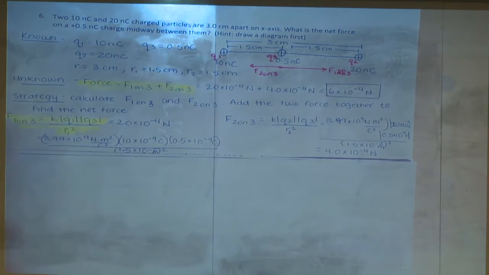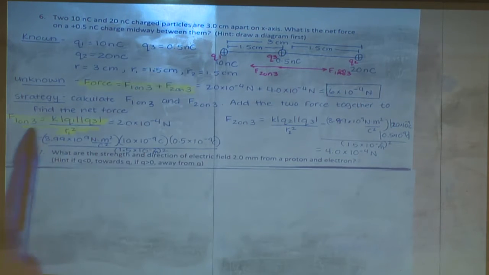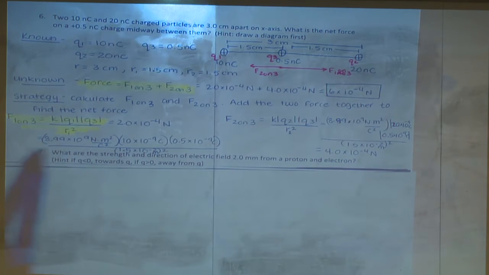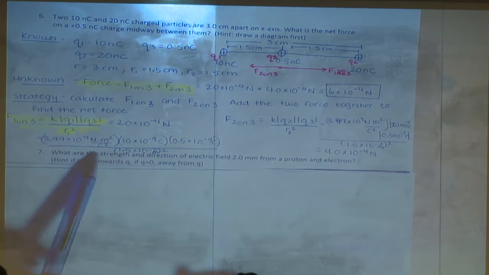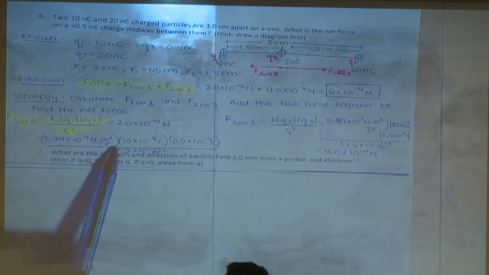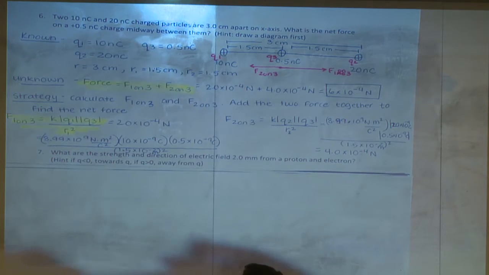All right, moving forward, the electric constant is 8.99 or 9.0 depending on your professor again, times 10 to the 9 newton times meter squared over coulomb squared. I recommend you write the units because they're very important, and that will help you cancel all the units and make sure that you have them in the right order.